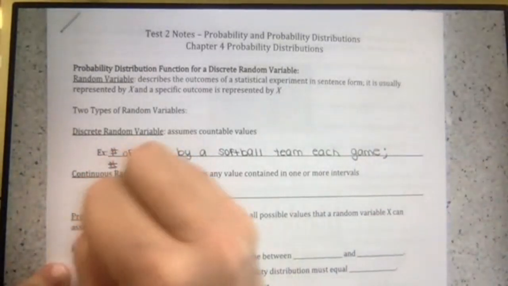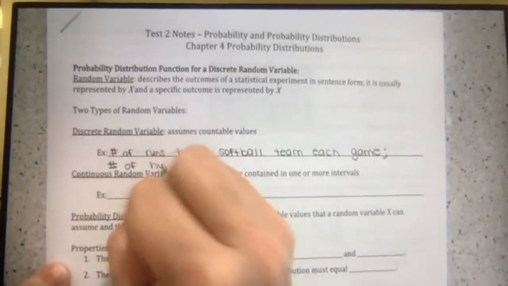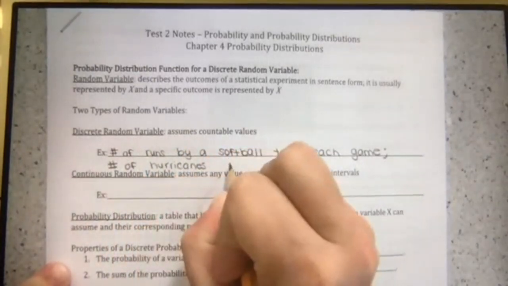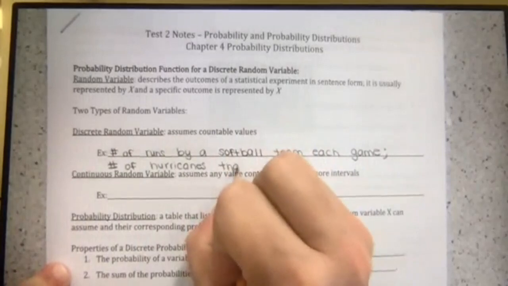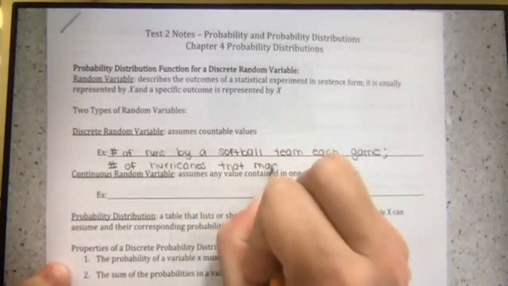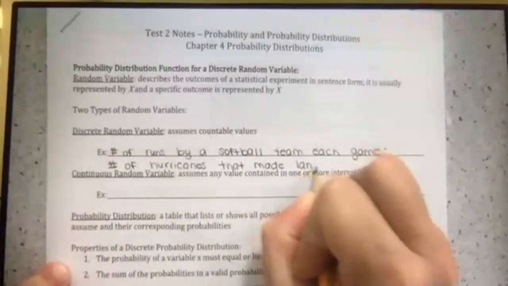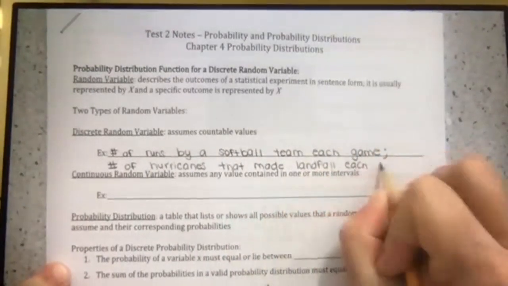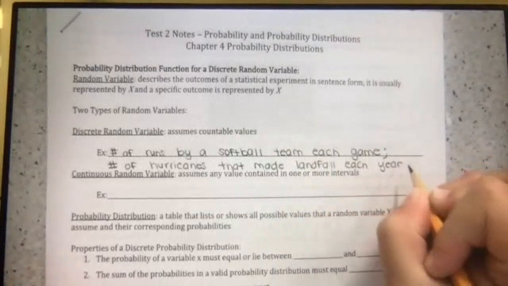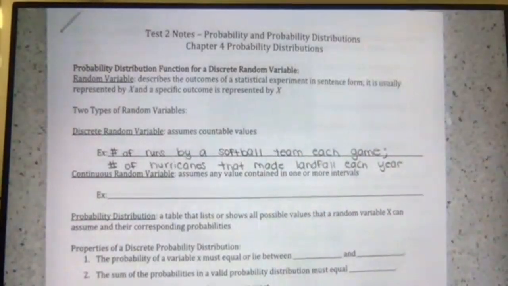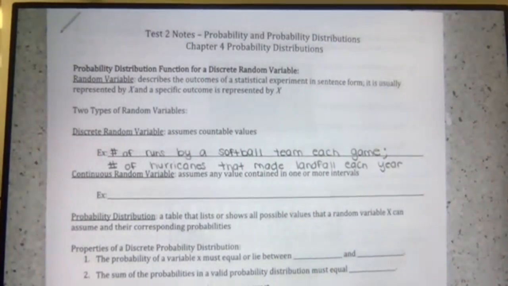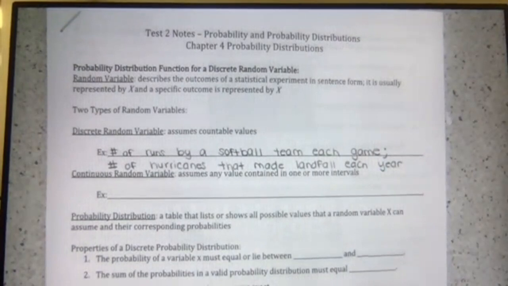Or another one that was on the homework was the number of hurricanes that made landfall each year. So these are discrete because we can count them. And they're also a variable because they can change. Every year it's going to be a different number of hurricanes. Every game is going to be a different number of runs.